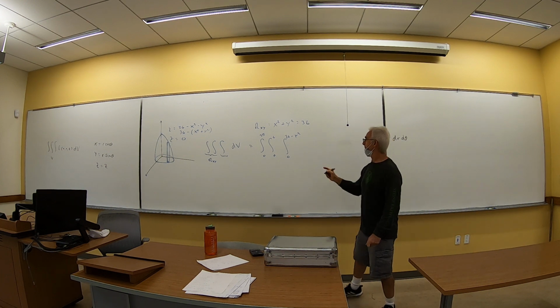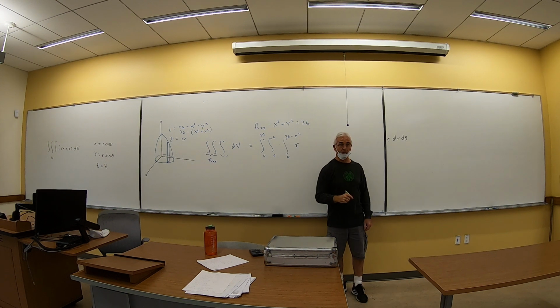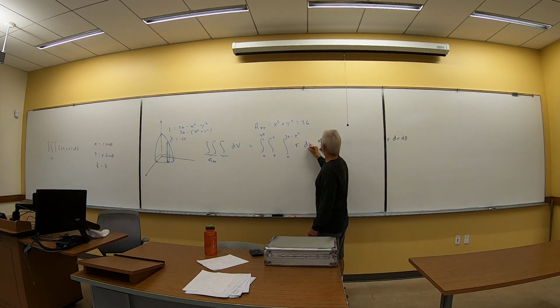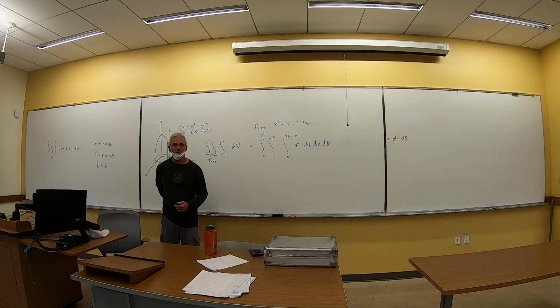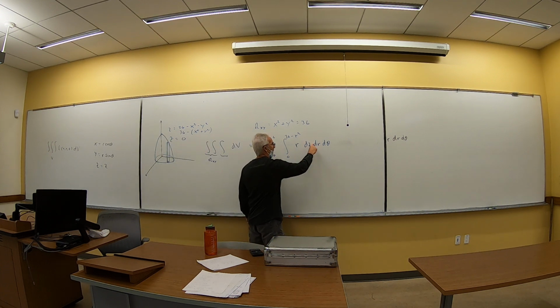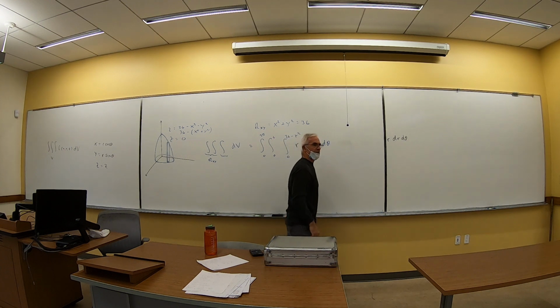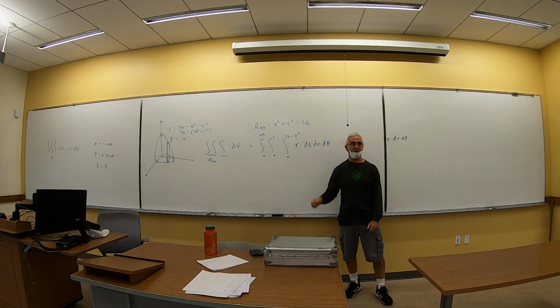Now, what goes here? r. Just like before, dz, dr, d theta. This is the major difference. Oh, okay. Well, that's not really that complicated, is it? Now, some people like to put the r here. No, these are instructions. These are not quantities. You can't manipulate things and put them on the other side of an instruction.